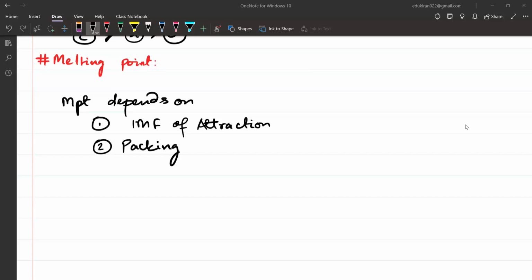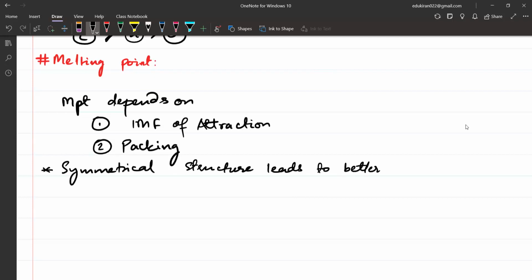So write a point here: symmetrical structures lead to better packing and higher melting point.